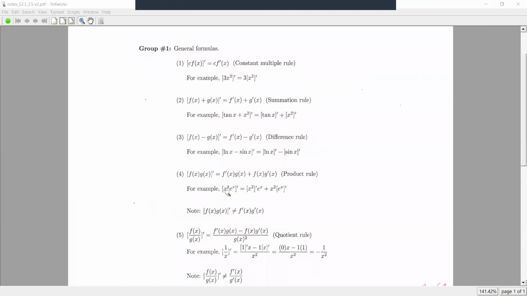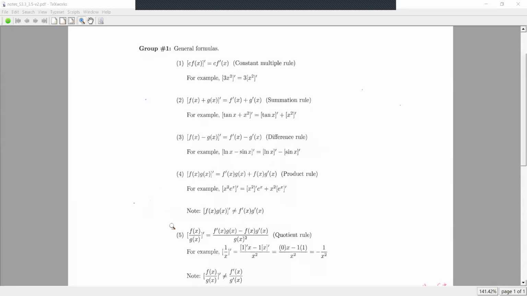For example, x squared times e to x, then derivative is derivative of x squared times e to x plus x squared times the derivative of e to x. Please note that derivative of a product is not equal to product of the derivatives.